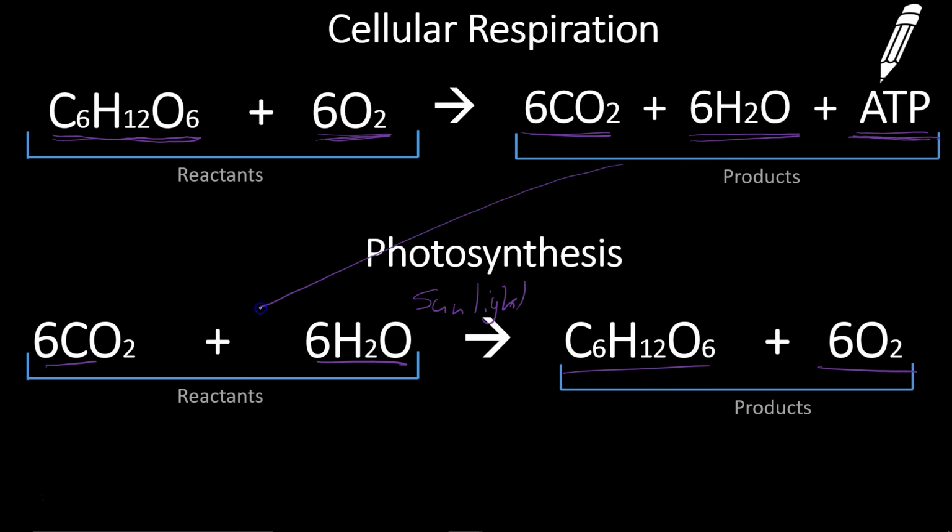So these are actually exact opposites. The reactants for cellular respiration are the products of photosynthesis, and the products of cellular respiration are the reactants of photosynthesis. So they are exact opposite processes. One difference, though, is photosynthesis is using energy from the sun, and that energy from the sun is getting stored in glucose.